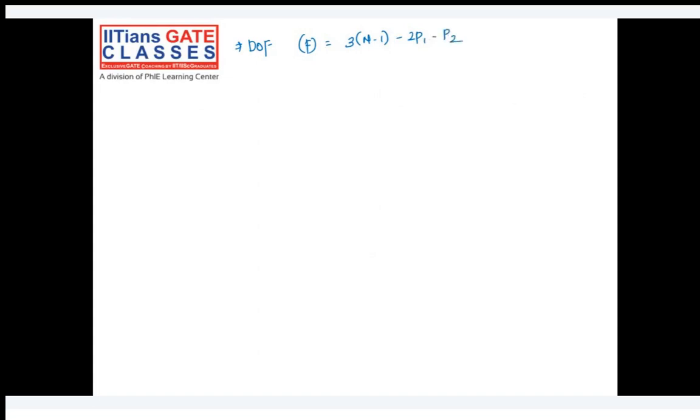F can also be calculated as N minus 2L plus 1, where L stands for number of loops. Okay, and p1 stands for number of pairs with 1 degree of freedom, and that is equal to N plus L minus 1. So that's how you can calculate the degrees of freedom and number of pairs.